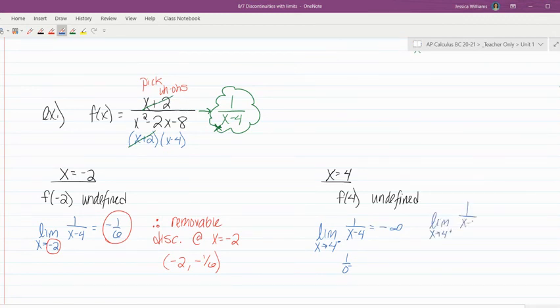This time I plug in, I got 1 on top, 0 on bottom, but bigger than 4 minus actual 4 gives me a positive 0, and this one's positive infinity. We know these are not the same thing, so we can say the limit does not exist, and that's absolutely correct. It's just not helpful right now.